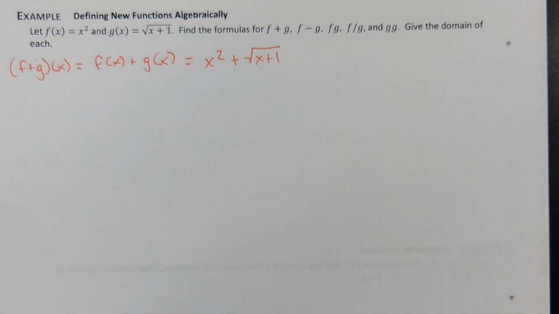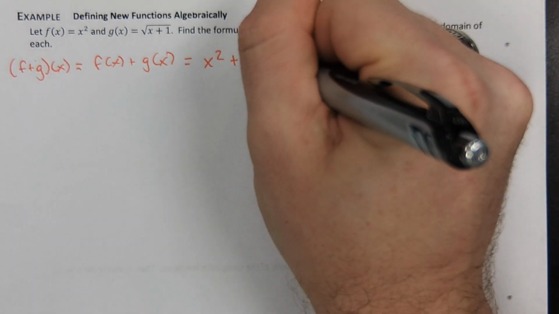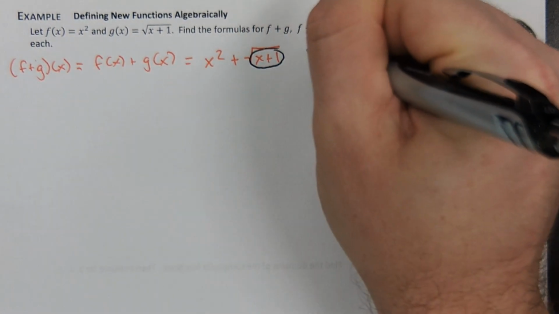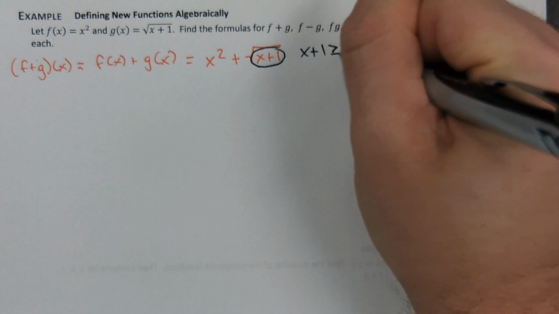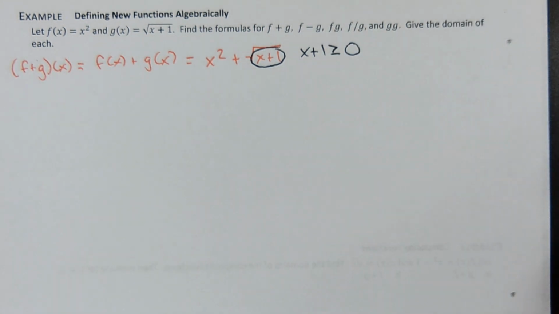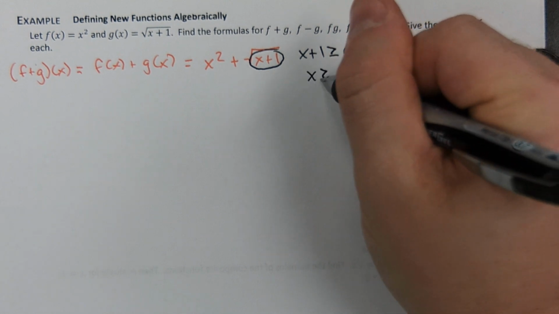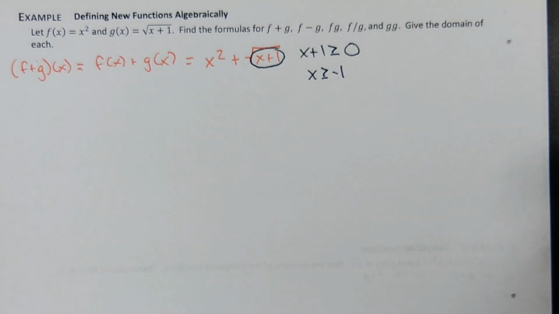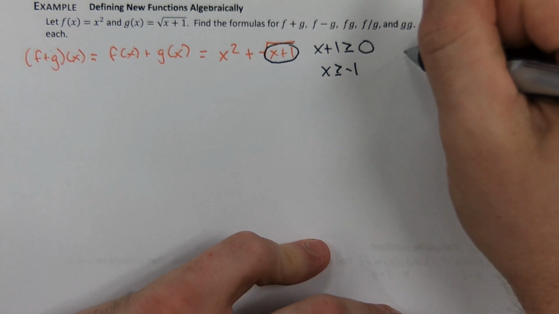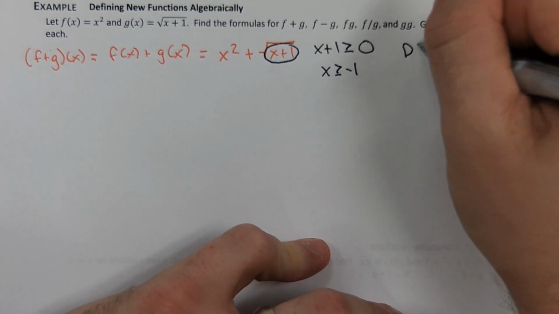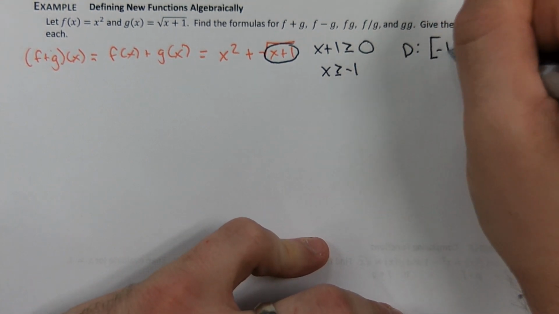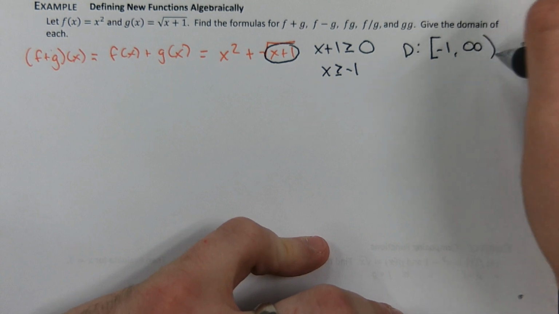Not negative means x plus 1 is greater than or equal to 0. Subtracting 1 from both sides tells us that x must be greater than or equal to negative 1. So our domain is negative 1 to infinity, including negative 1.